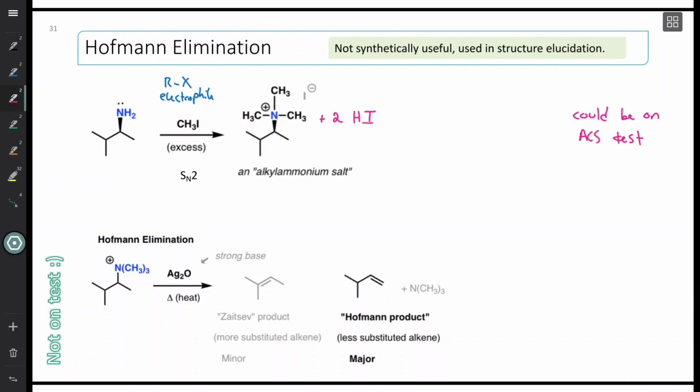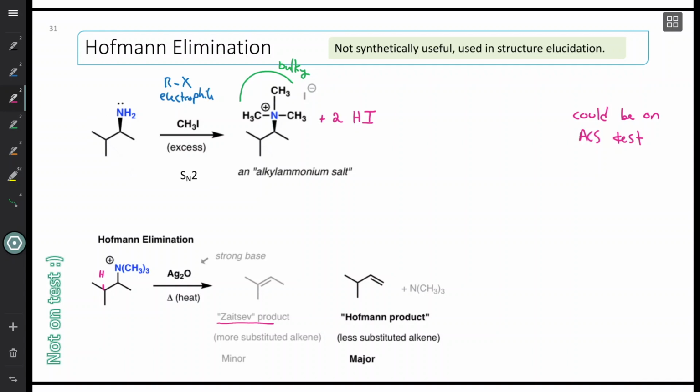Right. And so then you have this large bulky group, and if you now want to do an elimination, you use a strong base and heat. And because this is so bulky, instead of generating the more substituted alkene, where you would have to deprotonate over here, right?